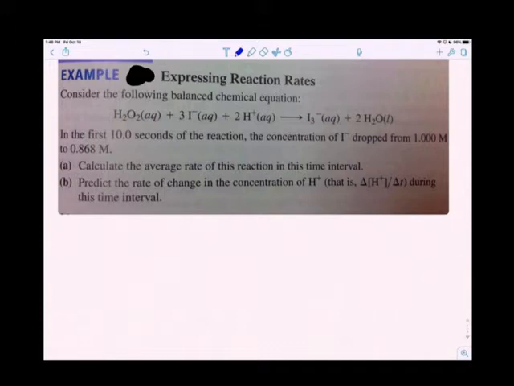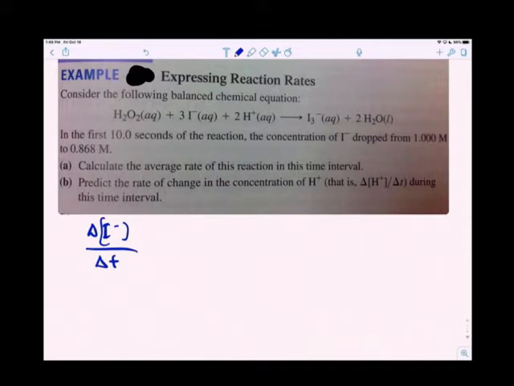To look at this, we have to do the final minus the initial. So for I minus, the change in I minus concentration over change in time.